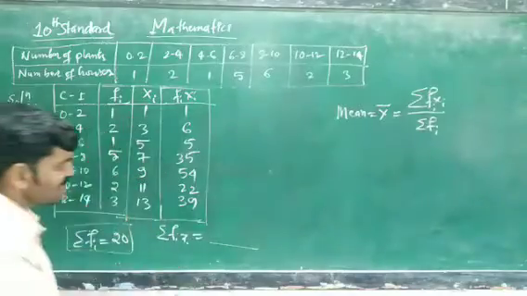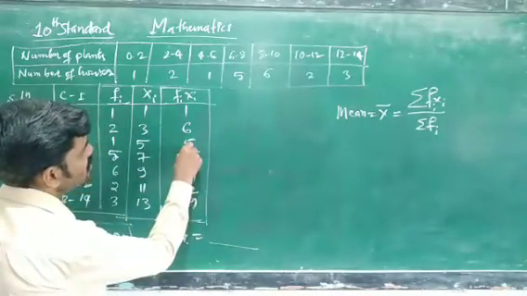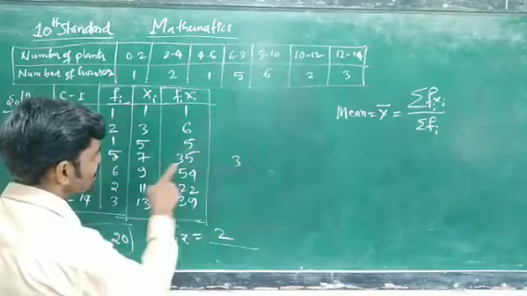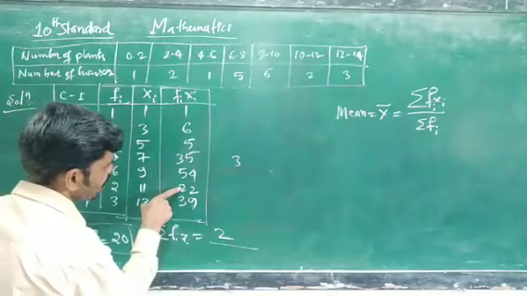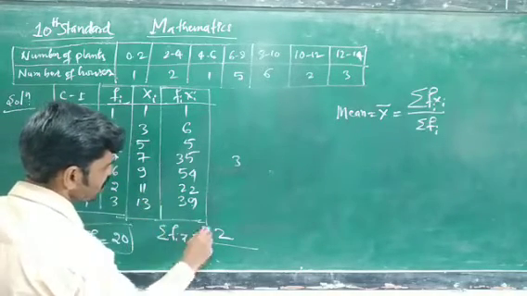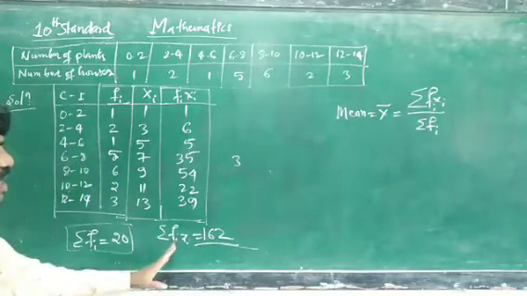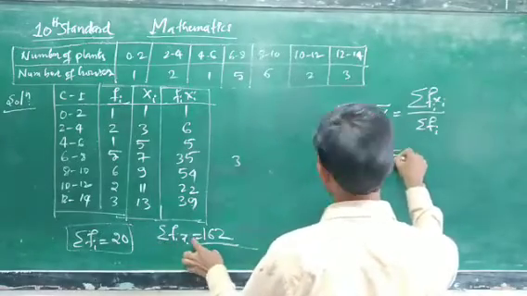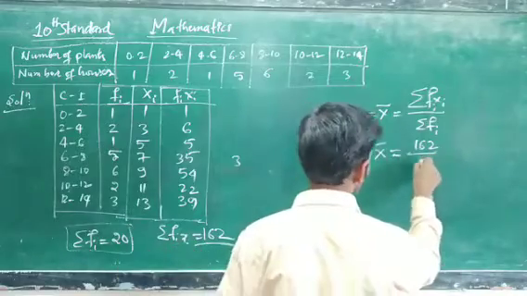Let us add fi xi also: 1, 7, 12, 47, 101, 123, 162. 162 is the answer. We use this in the formula. X bar is equal to summation of fi xi, that is 162, divided by 20.